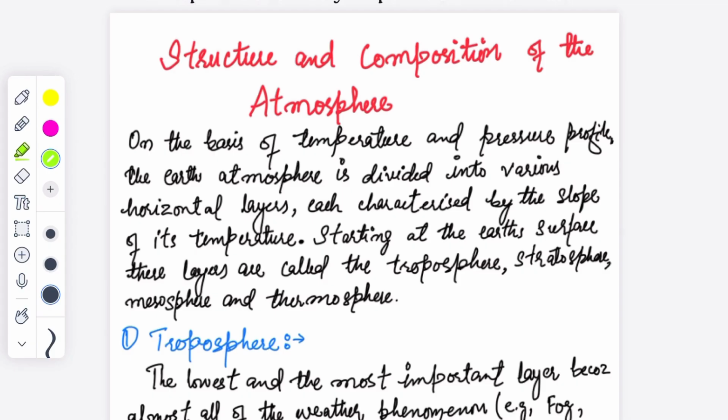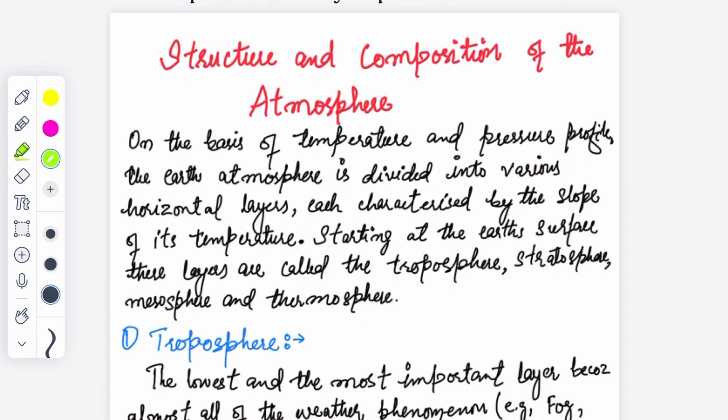So this atmosphere is further divided into 5 major layers and several secondary layers.